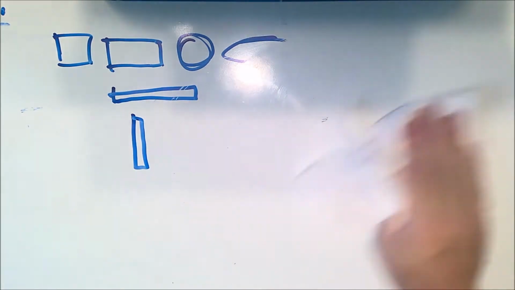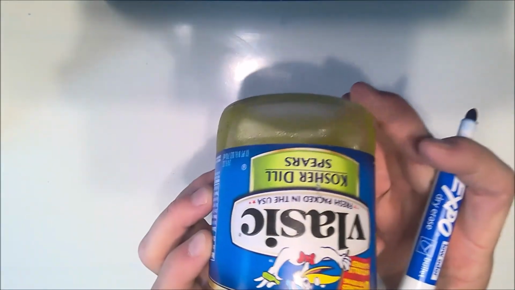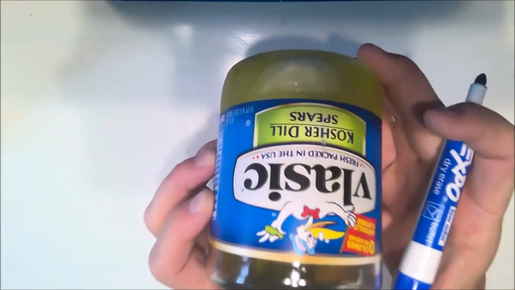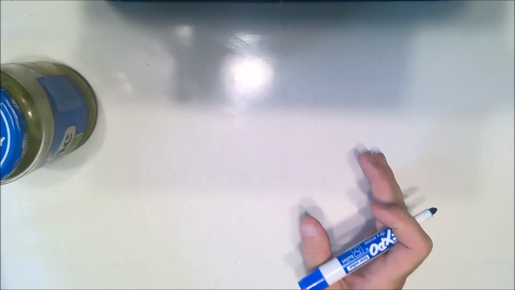The other thing we're going to do is use spatial relationship to relate one shape to another shape. For instance, I have this jar here. When I'm drawing this jar, the first thing I'm going to do is look at the width and how it relates to the height.